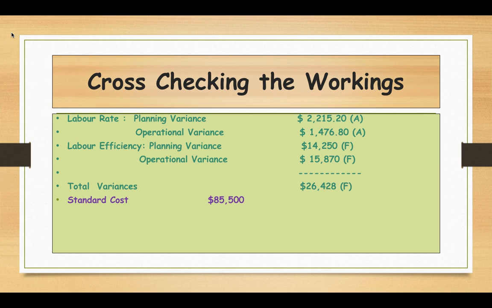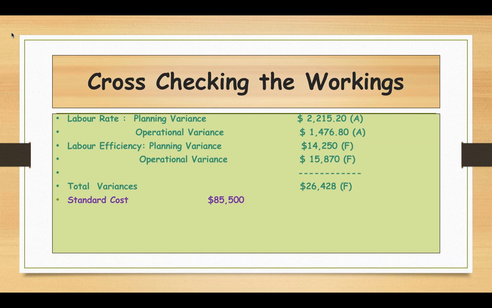Okay, now we are going to see whether we have done our workings correctly. So if you look at the actual standard cost, which is the original standard cost, which is 38,000 batches, according to the original standard, 9 minutes per batch. So 9 divided by 60. We know that we are converting that into hours. So that's why 9 divided by 60 times $15. So we get $85,500.